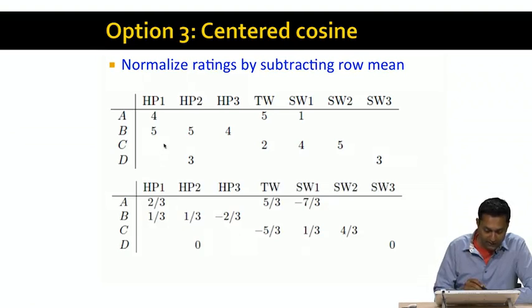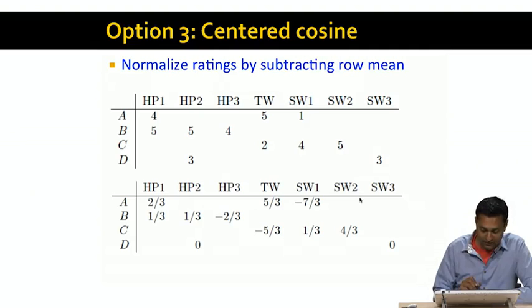Notice that A's rating for Harry Potter 1, which was 4, has now become 2 over 3, because we subtracted the row average, 10 over 3, from each of the ratings. And 5 has become 5 over 3. And the rating 1 for Star Wars has become a negative rating, negative 7 over 3. And of course, we treat the blank values as zeros.